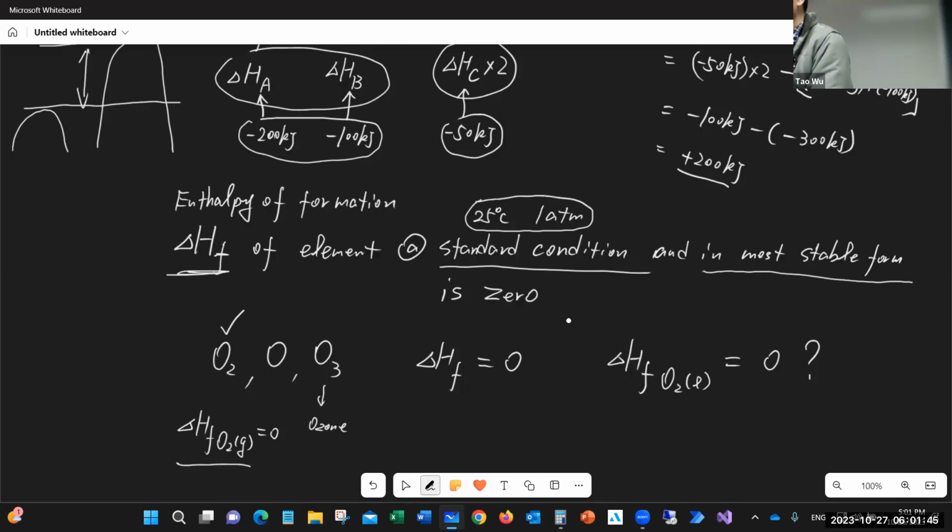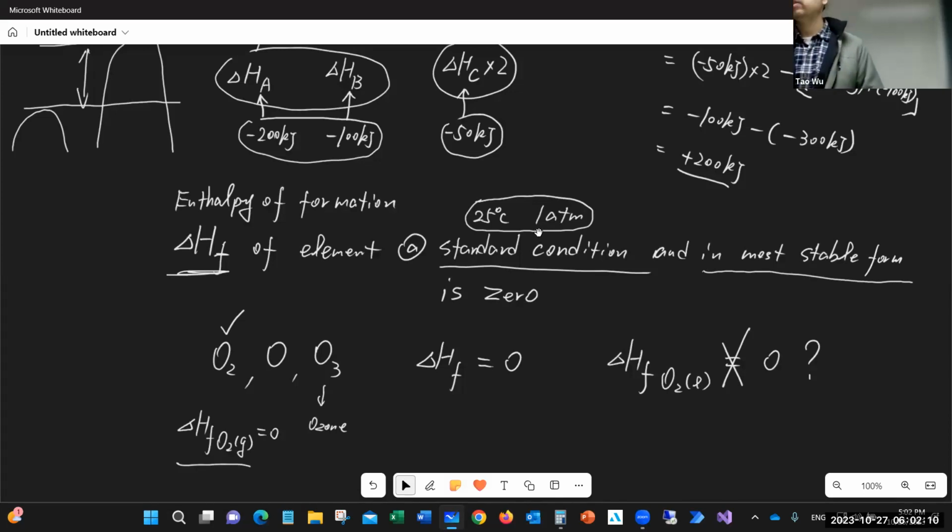It cannot be a liquid. So if you want to form the liquid, you need to release energy to form that. So this one definitely is not 0. At standard condition and in the most stable form, that is zero. So this is how people compare to zero.